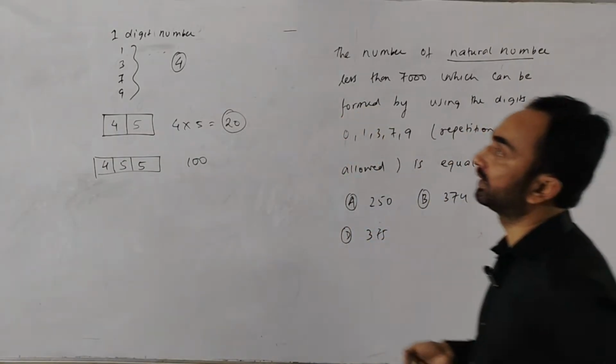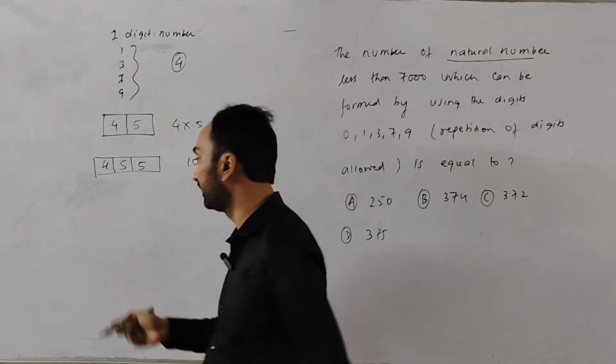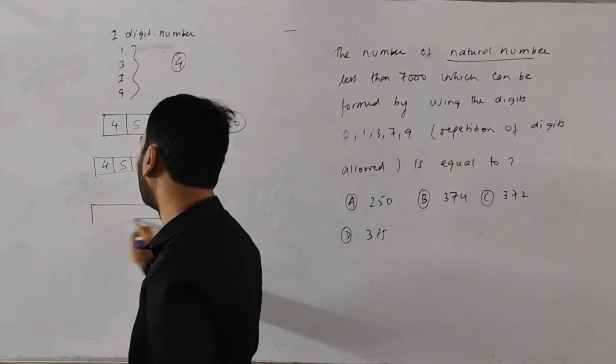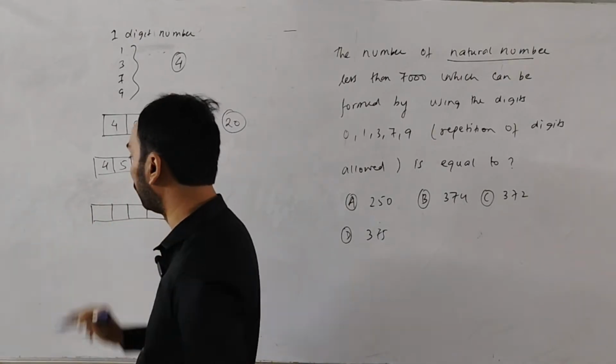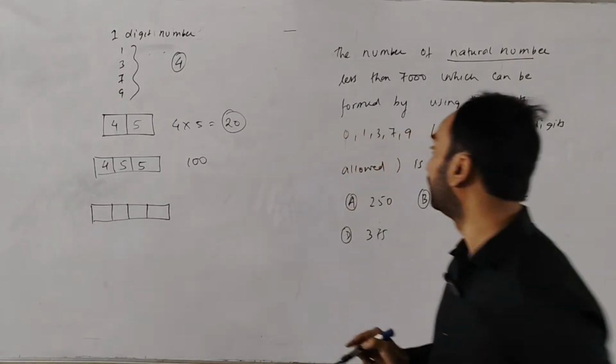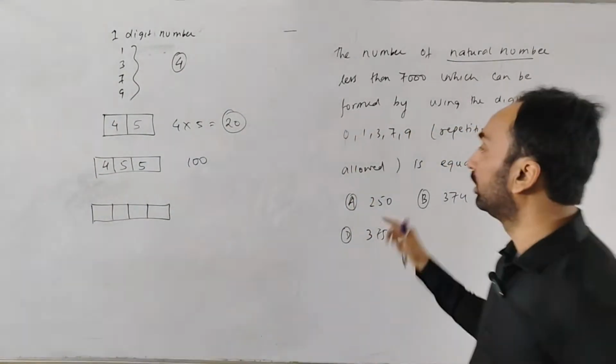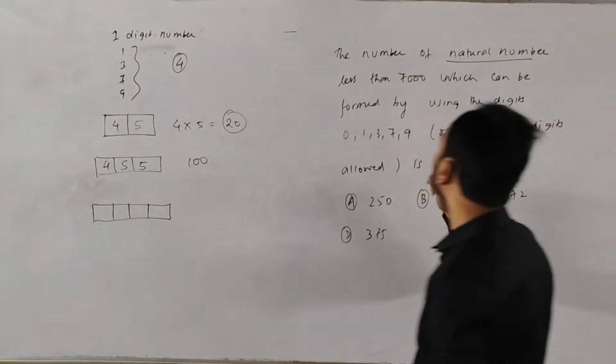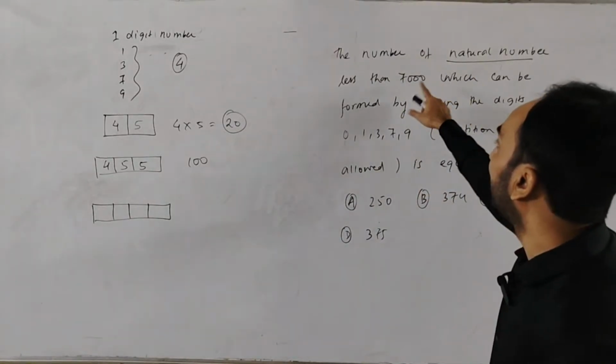We have checked 1-digit, 2-digit, and 3-digit numbers, and now we are checking 4-digit numbers. Here also the restriction is I cannot put 0. And there is one more restriction: the number should be less than 7,000.